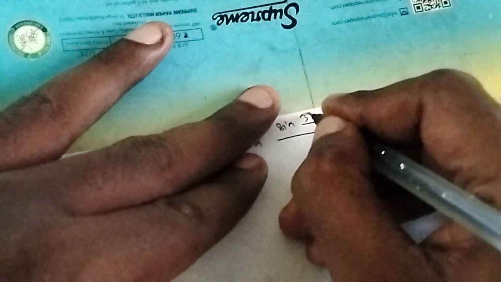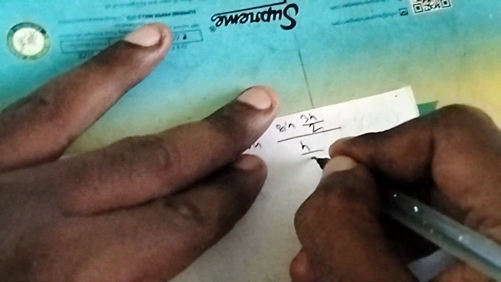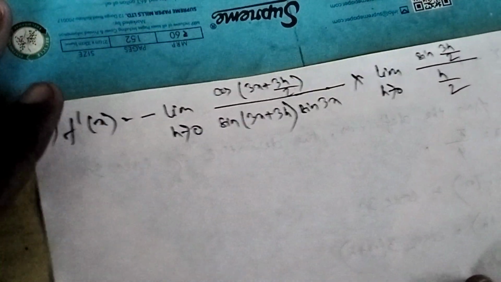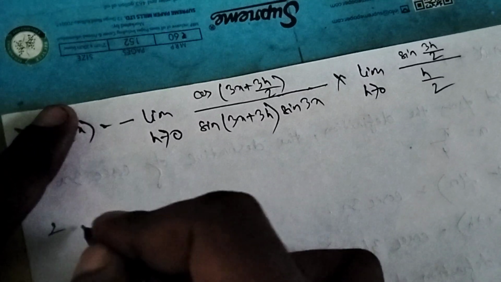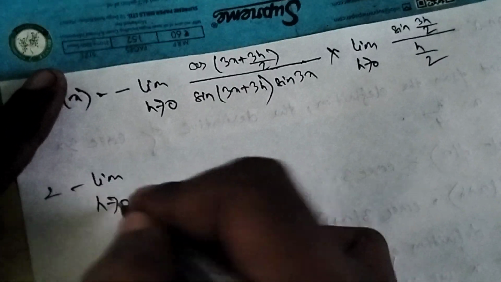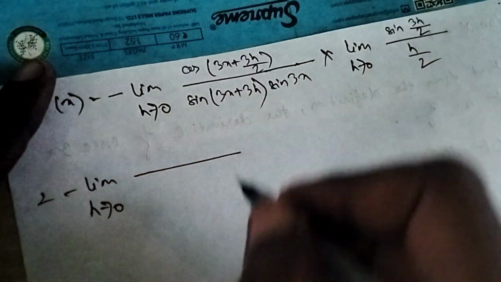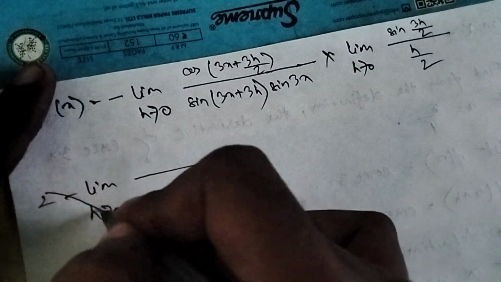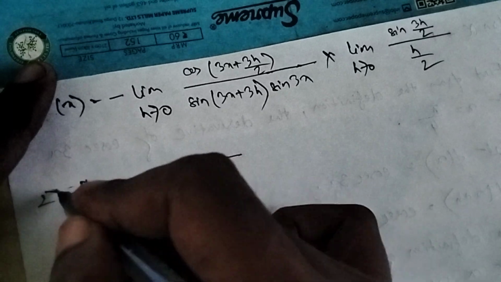Sine 3h by 2 by h by 2. Okay, so this will be minus limit h tends to 0. Now we will, no need to write this as we are going to put the value only.